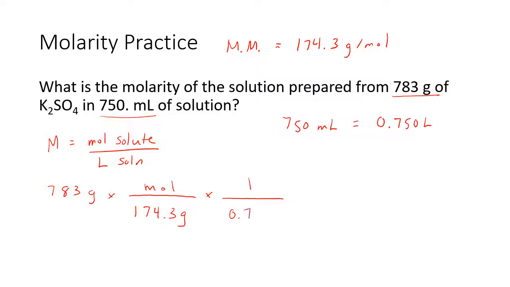So we're going to plug that in to the denominator, 0.750 liters. Our grams cancel, and we have our units of moles over liters. So our molarity here is about 5.99 molar for this solution.